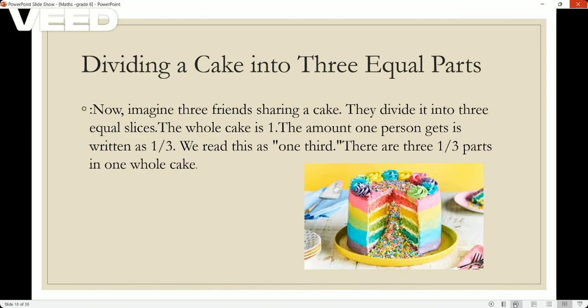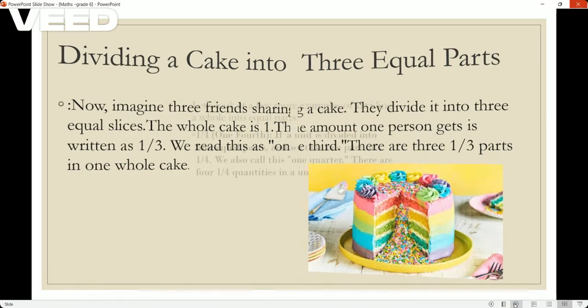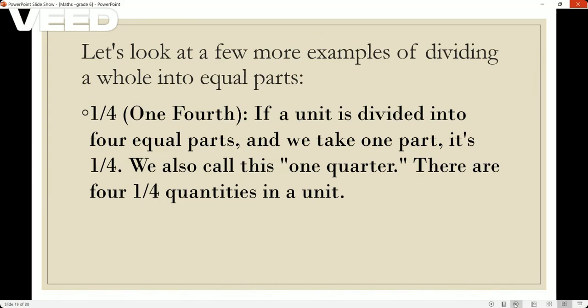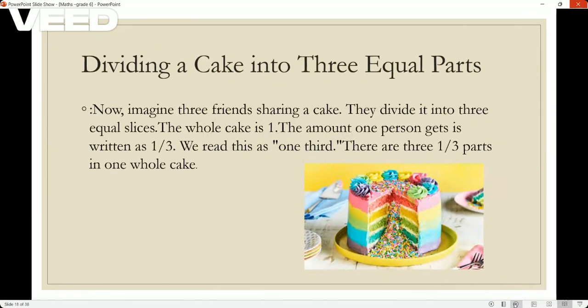So you can imagine the friends are sharing this much of cake. Not one half, in here, not one half. 1/3. So we can also read 1/4 or 1/5, like that way is also correct.